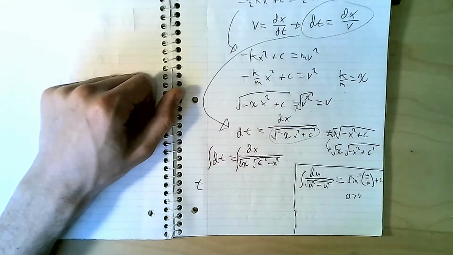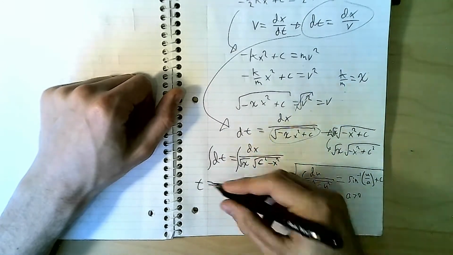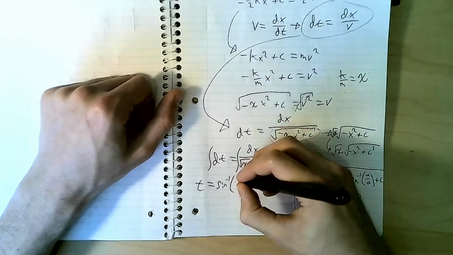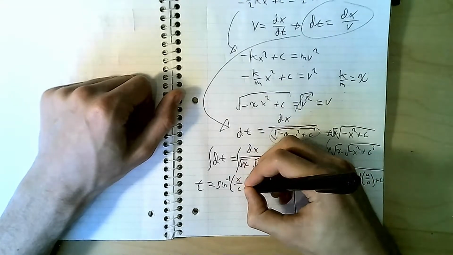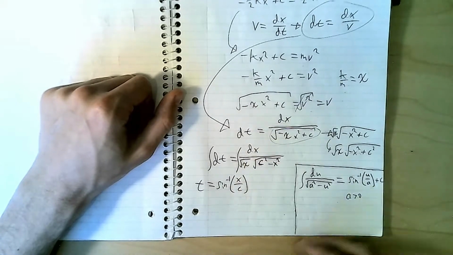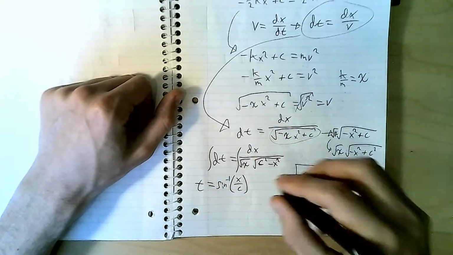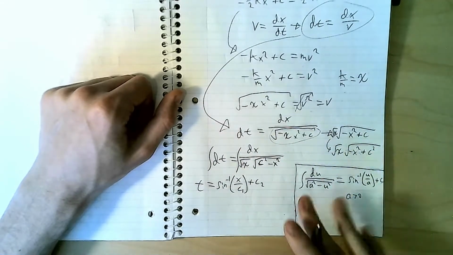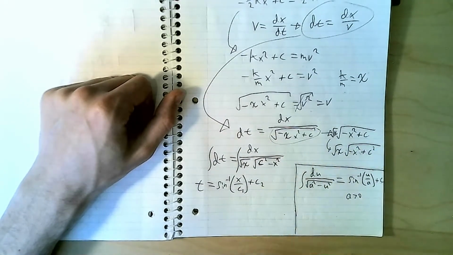So we will now say t equals inverse sine of x over c plus a new undetermined constant. So this is plus c2. I'll call this other one c1. These are different constants. We can't suck one into the other now because one's in the inverse sine.